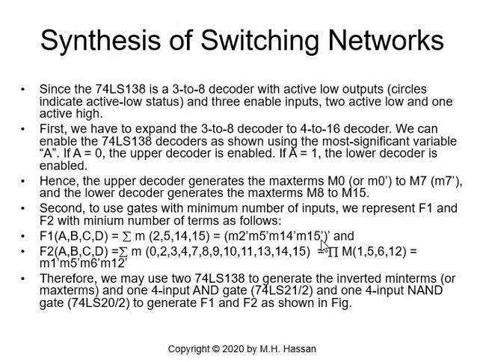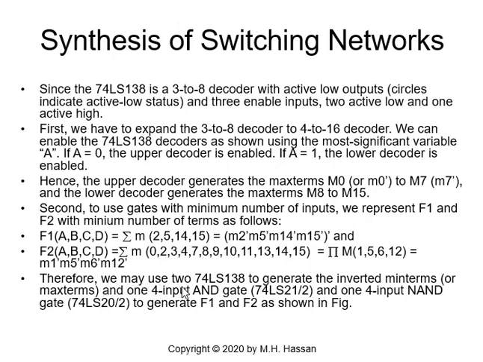And F2 of ABCD, which is the product of the max terms 1, 5, 6, and 12, is equal to M1 prime, M5 prime, M6 prime, M12 prime. This is why we have an AND gate here for F2.